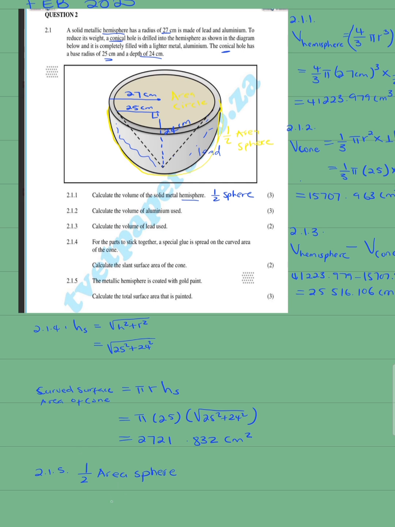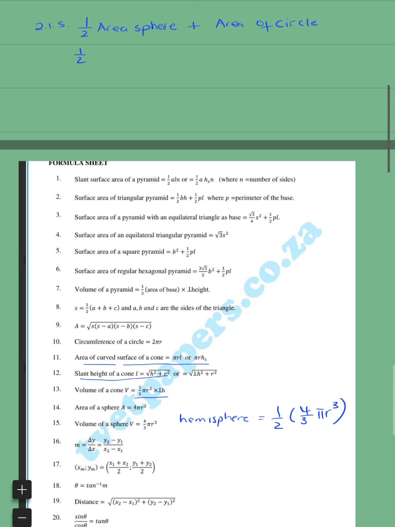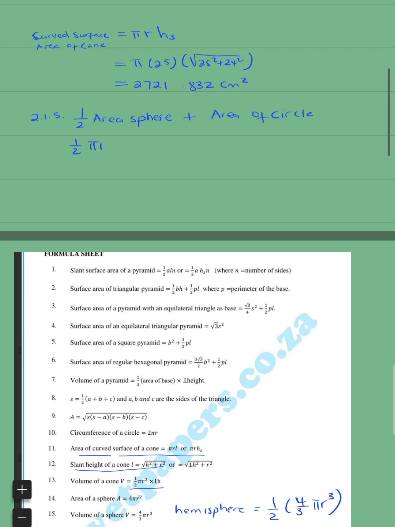Remember, this is the area of the hemisphere, plus the area of the circle on top. The area of a sphere is 4 pi r squared.